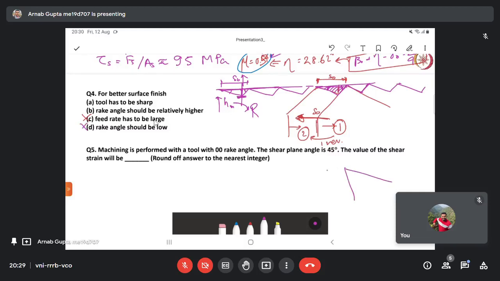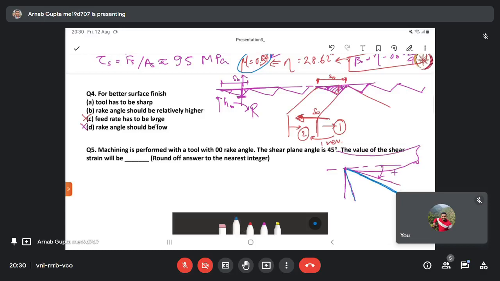If you are providing a larger positive rake angle, then your chip flow will be smoother, and the chances of the chips interfering with the finished surface will also be less, because you are providing a smoother path for the chip to flow away. So rake angle should be sufficiently high, but at the same time you have to take care that if you are increasing the rake angle, the tool is also getting thinner and thinner.